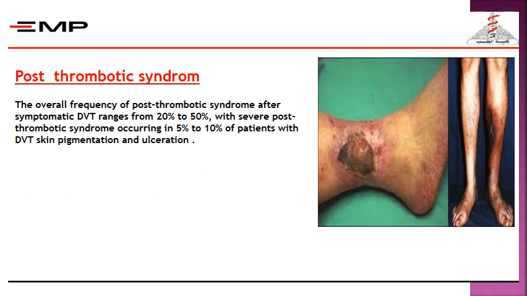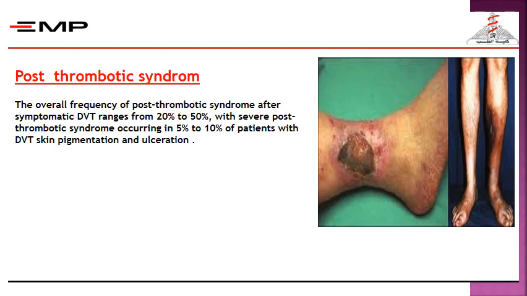Post-thrombotic syndrome. After deep venous thrombosis, there is a complication. Usually the vascularization in the blood vessels is not good, and so you may find this picture: darkening of the skin, skin ulceration, persistent pain or heaviness in the lower limb, nails may be brittle or changed in color.